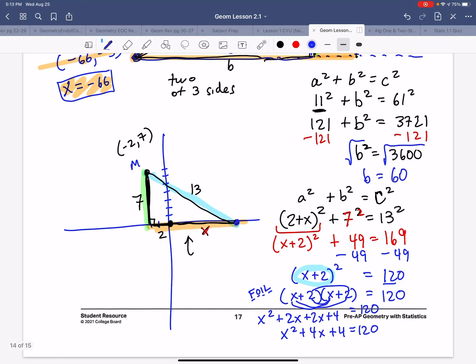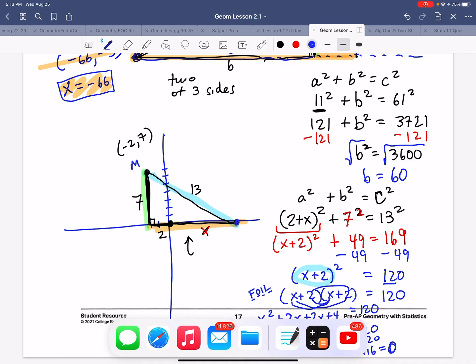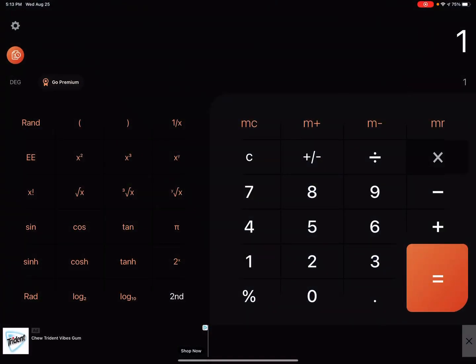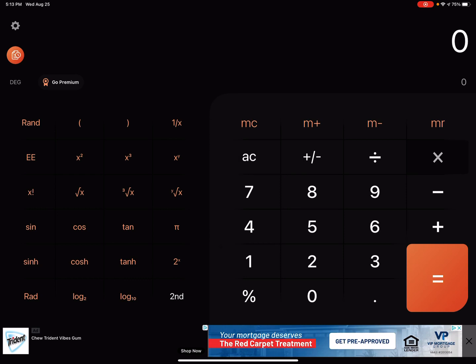So, some of you might have a way of doing this, and this is just, I guess, brute force. If I subtract 120 on both sides, I get x squared plus 4x minus 116 is 0. So now I can try to solve this with an equation calculator or just brute force. Like say, what is 116 divided by 2? It's 58.